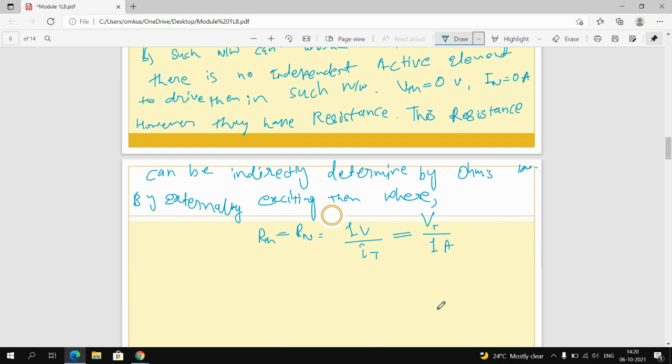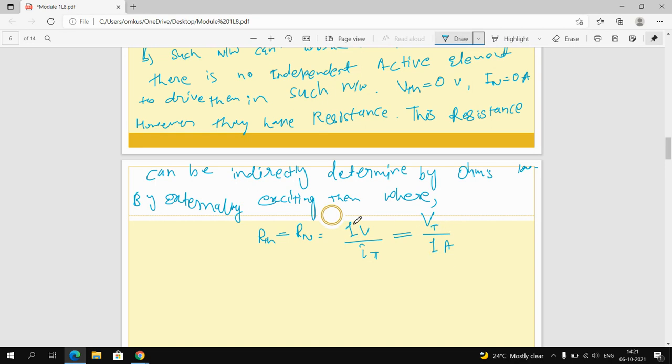Now see, when you use a 1 volt voltage source connected across the target terminal, this is the current supplied by that voltage source in the circuit. And similarly, when you apply a 1 ampere current source across that target terminal, the voltage of that target terminal provided in the circuit will be put here.